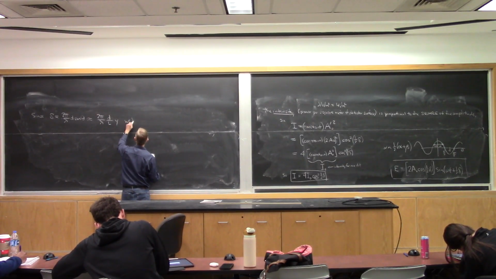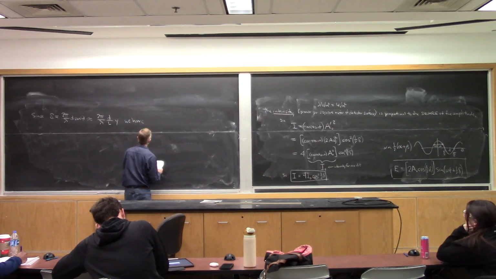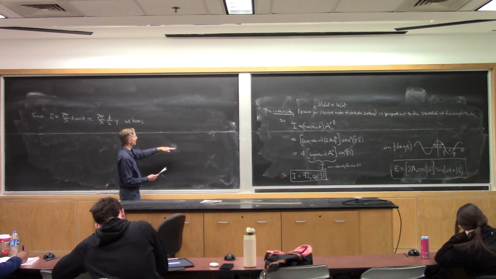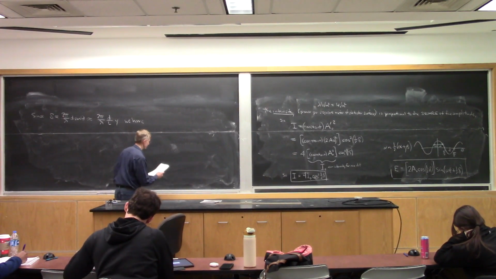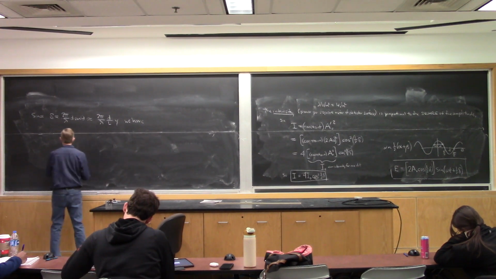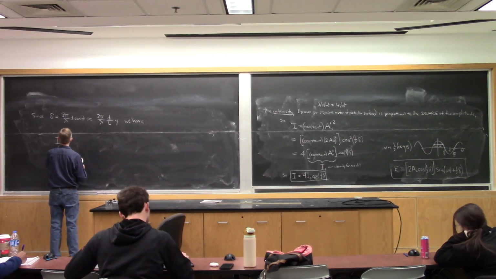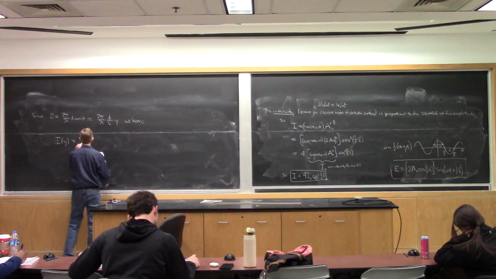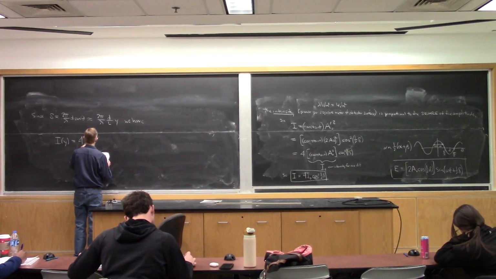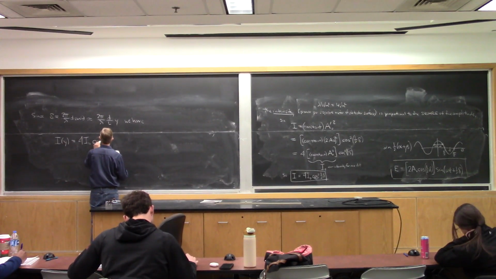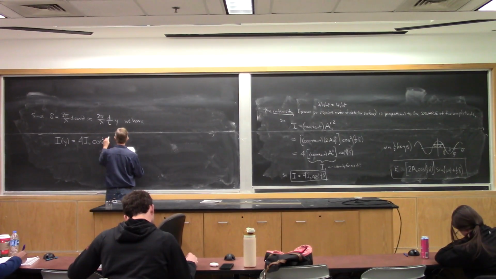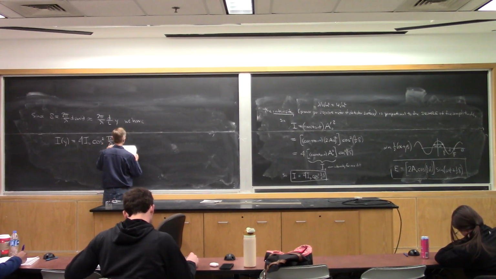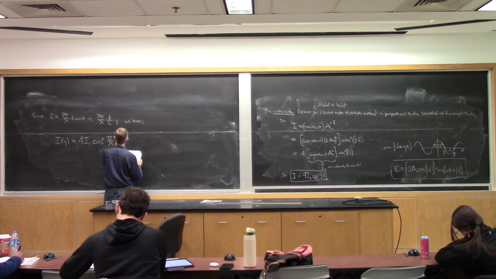We have our expression for how bright we will see as a function of position along the screen. I as a function of y should be 4I naught times cosine squared of pi over lambda d over L times y.